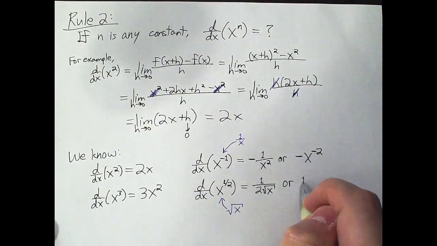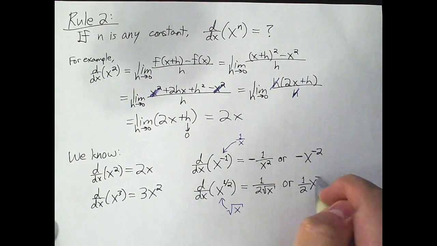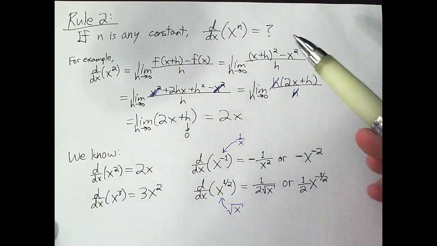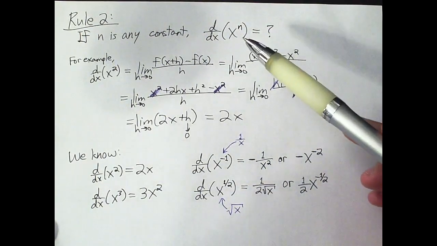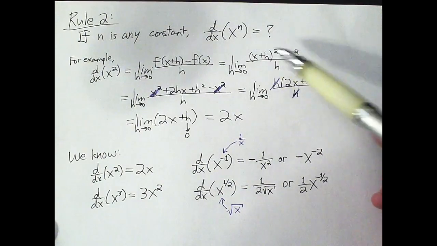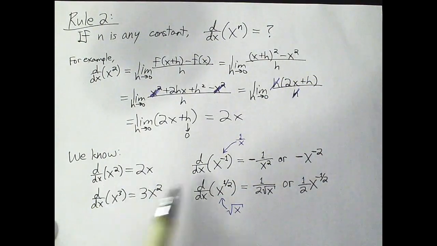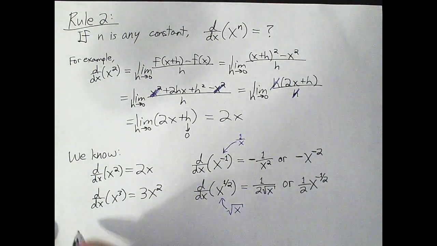So this would be 1/2 x to the negative 1/2. Now, that's 4 examples of this type of question. The derivative of x to the n, where n is some constant. We know it when n is 2, when n is 3, when n is negative 1, and when n is 1/2.